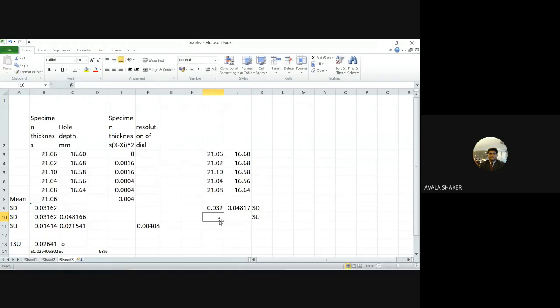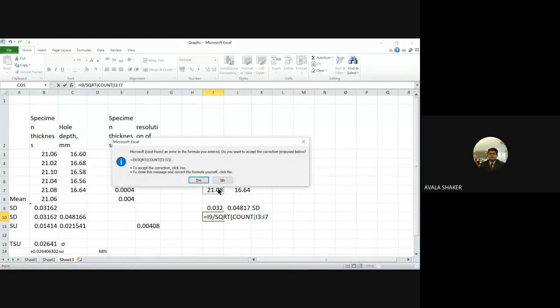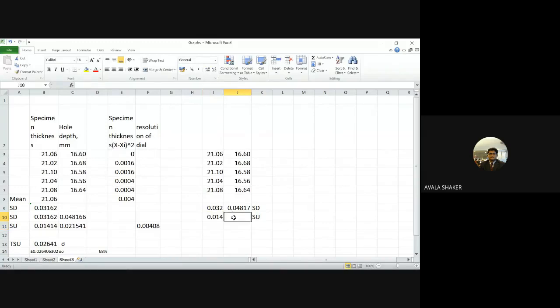So this will be equal to this divided by the square root of the count. Here also you can do the same thing, divided by the square root. I think you can paste the same formula because the references are the same.